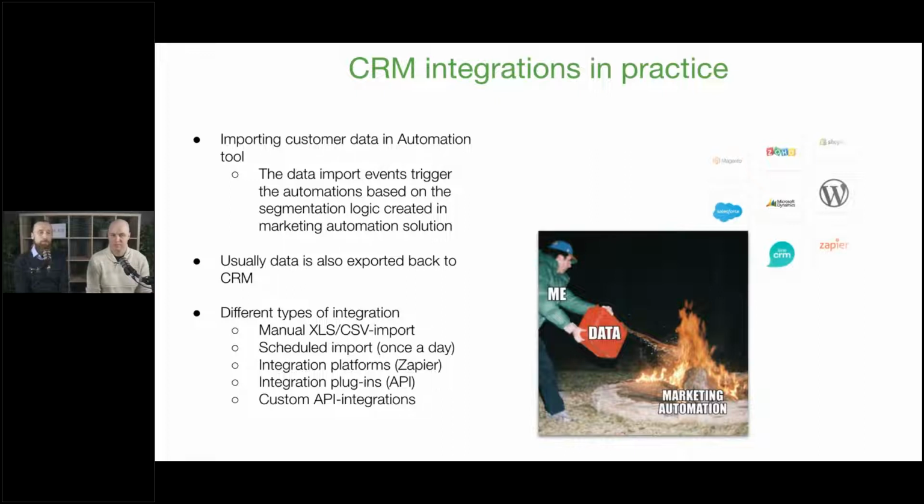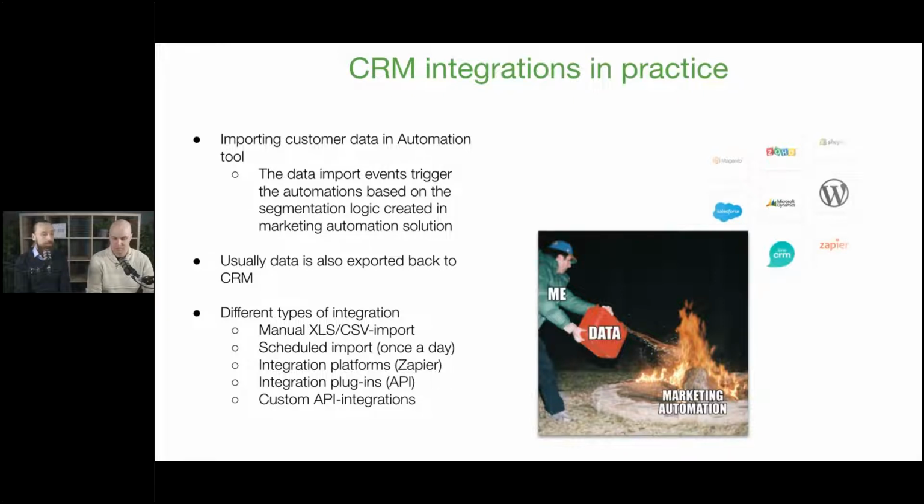In a way, these data import events are the things that trigger these marketing automation activities. So you create the logic in the marketing automation tool, you create the segments there, and they are the ones triggered. The data imports are the events that trigger these marketing automation journeys in a way.